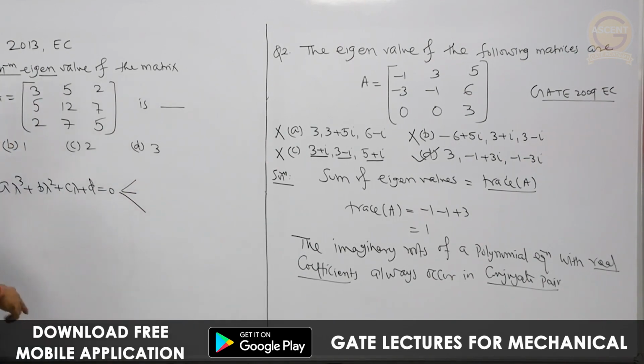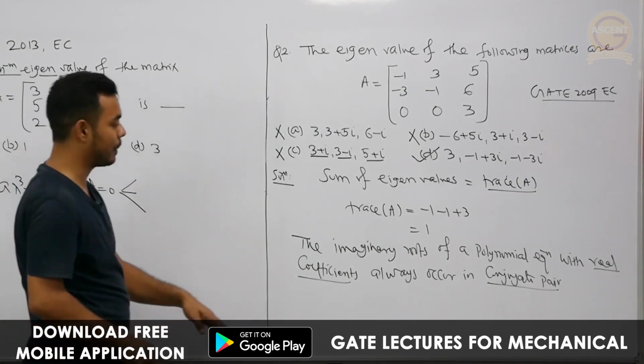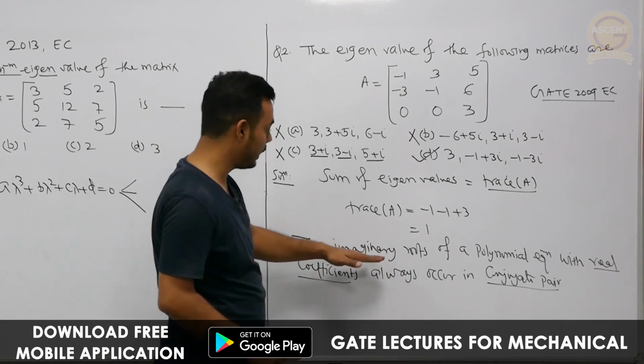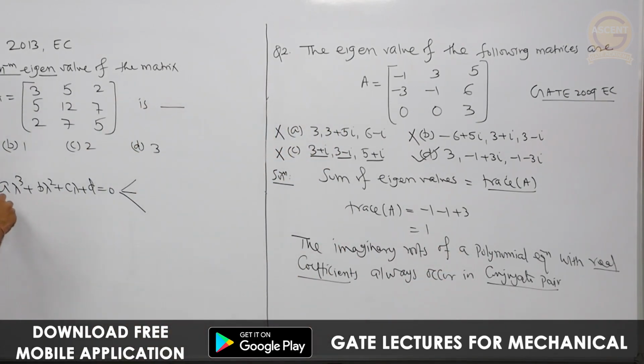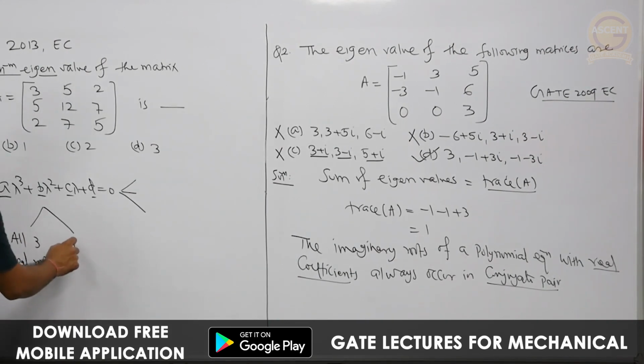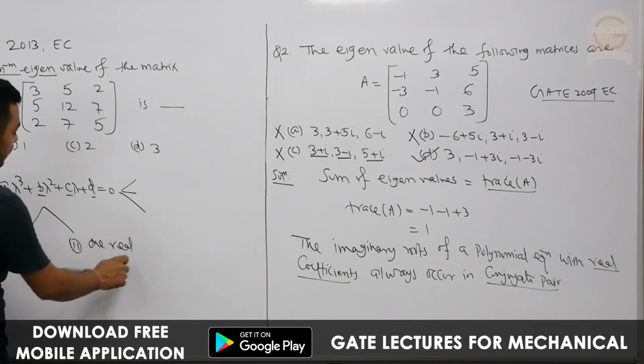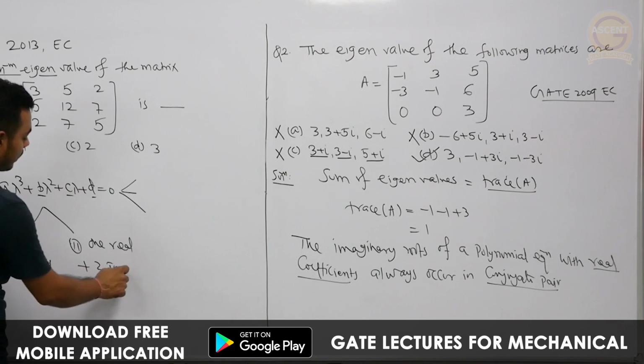Imaginary roots are always in pairs. This property holds for a polynomial equation with real coefficients. So if the coefficients a, b, c, d are real numbers, then imaginary roots will always be in pairs. This means the equation will have either all three real roots, or one real plus two imaginary roots.